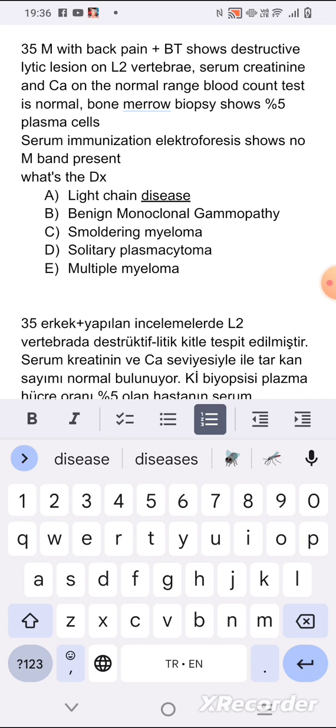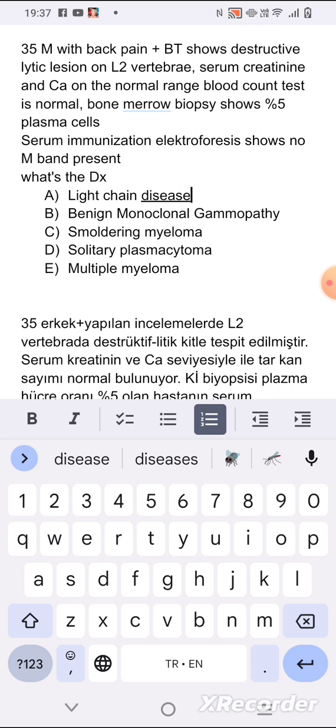So multiple myeloma is classically associated with more than 10% plasma cells in the bone marrow biopsy. It's associated with increased light chains, right, which will cause an M-band present on serum electrophoresis, and this M-band is associated with IgG.